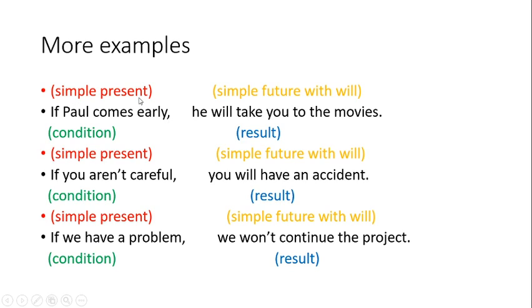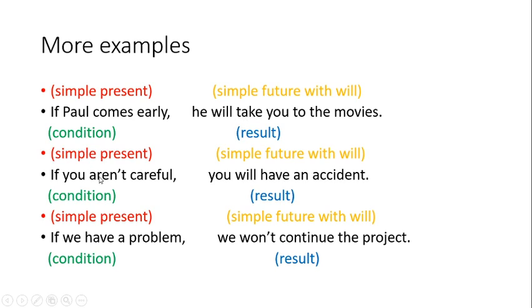We use the simple present for the verb and the main clause, right, that indicates the result in the future takes the future with will and it describes what is going to happen, right, if this happens in the present.